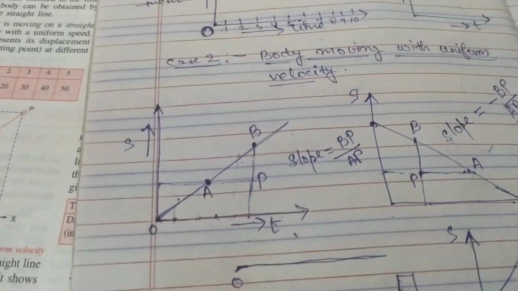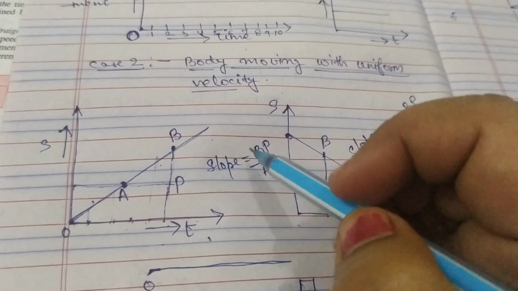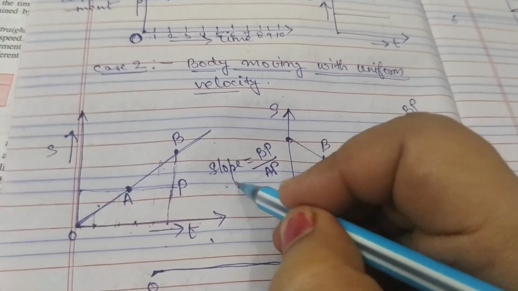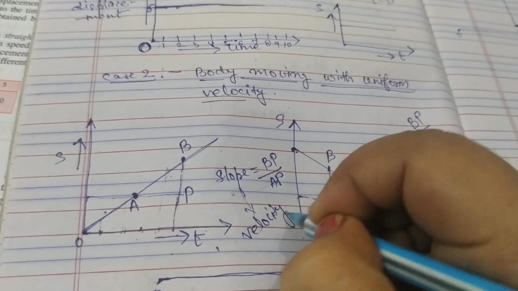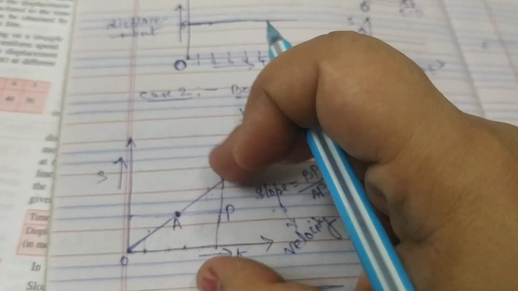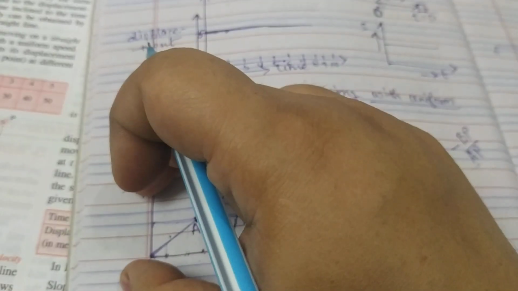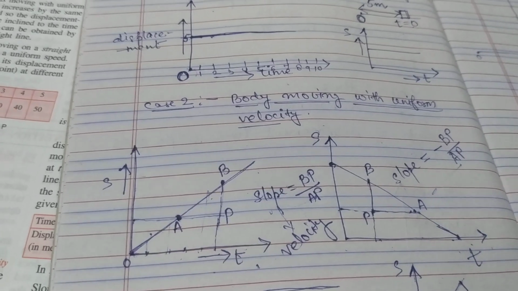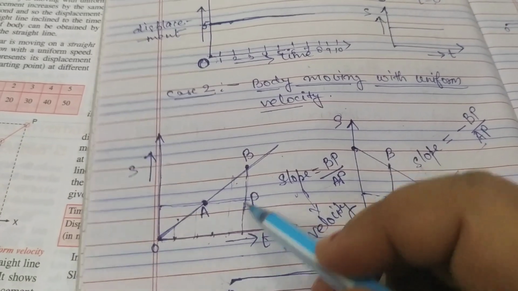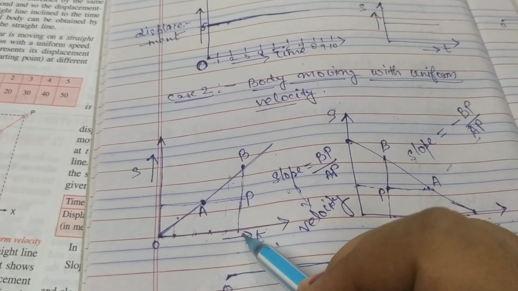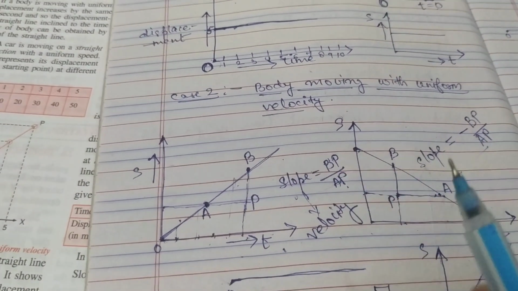And this slope gives us the velocity. Why? Because BP is the vertical distance, this vertical distance was displacement, right? And AP is the horizontal distance, what's that? Time. So displacement upon time is velocity.